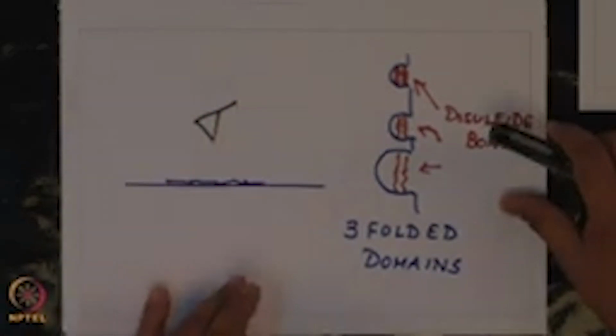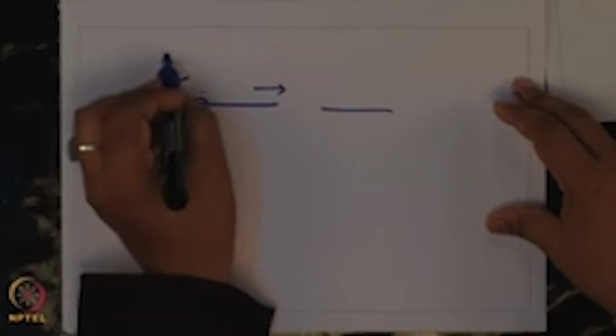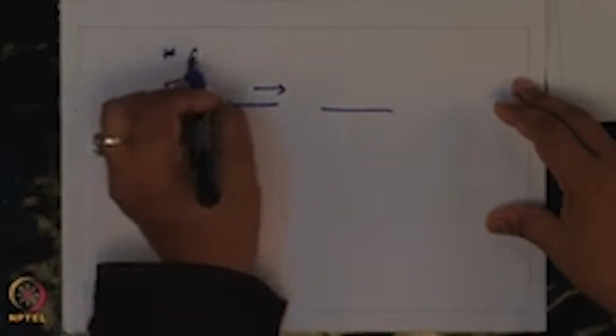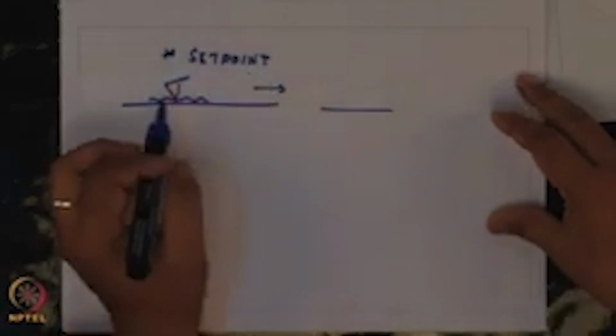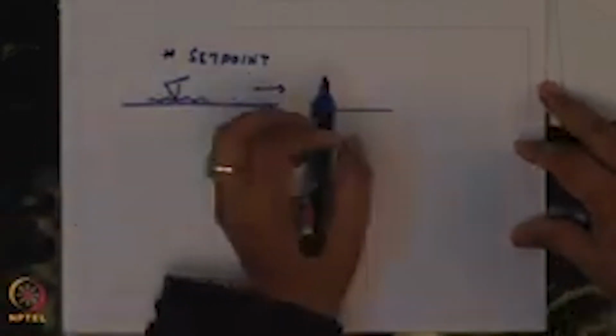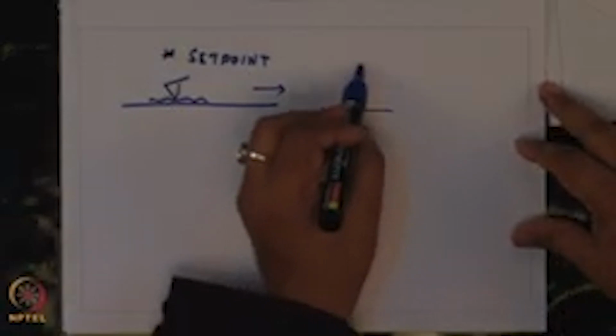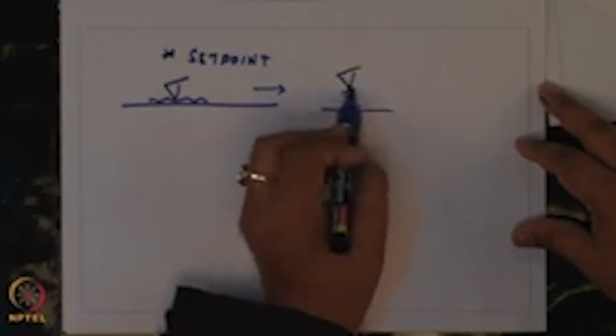So, what will happen in our previous curve? You have this structure, the tip has touched the protein, and you have reached the set point. From here the tip has to go up. Once the tip starts going up, you will have a situation like this.